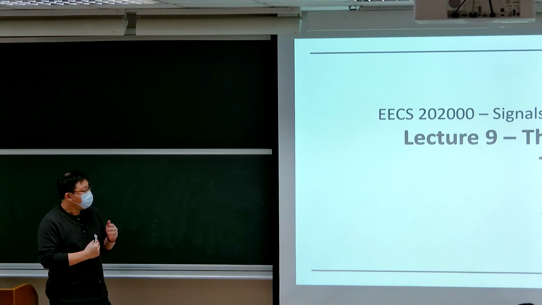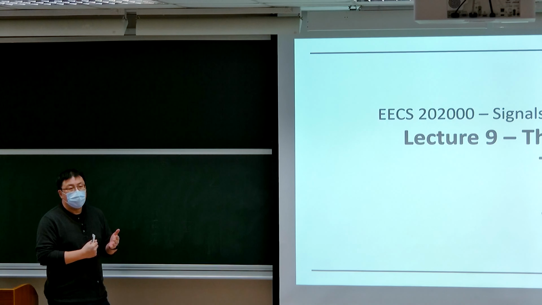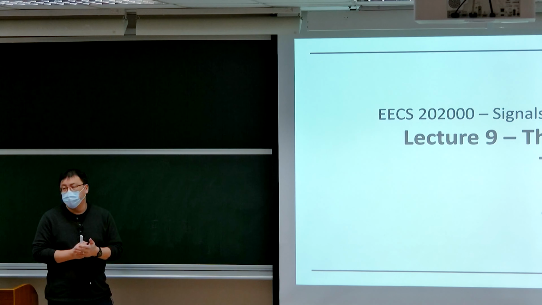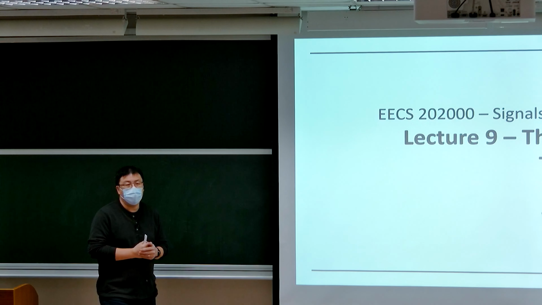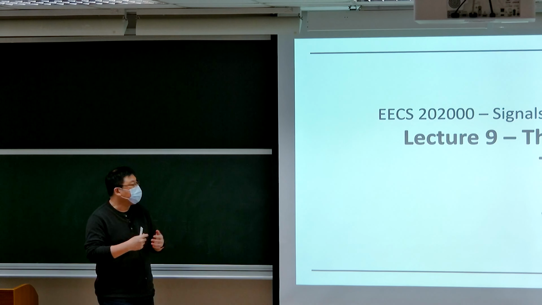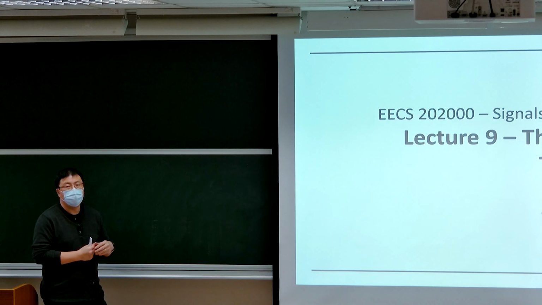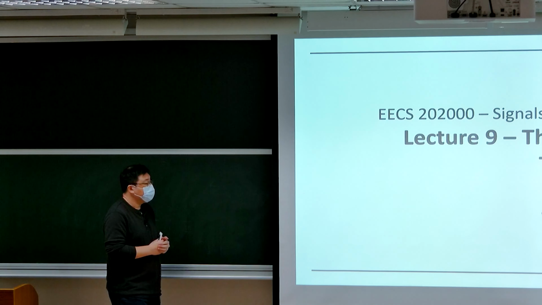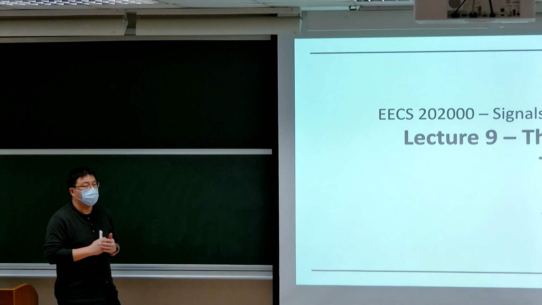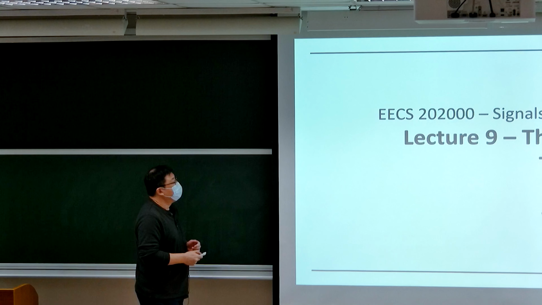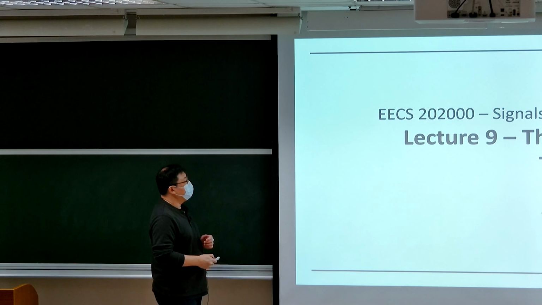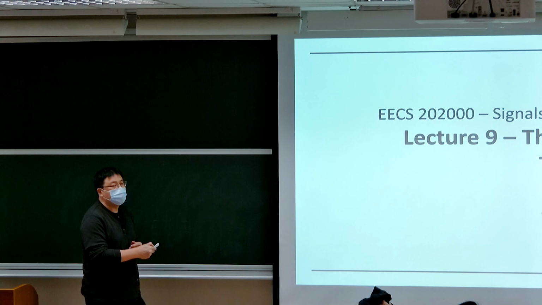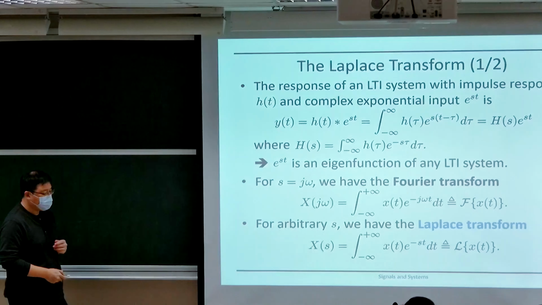Then in chapter 10, we will have the Z transform, which is an extension of the discrete time Fourier transform, a generalization similar to what we do in chapter 9. So chapters 9 and 10 are quite similar. Let's start and see how this is a generalization of the Fourier transform.